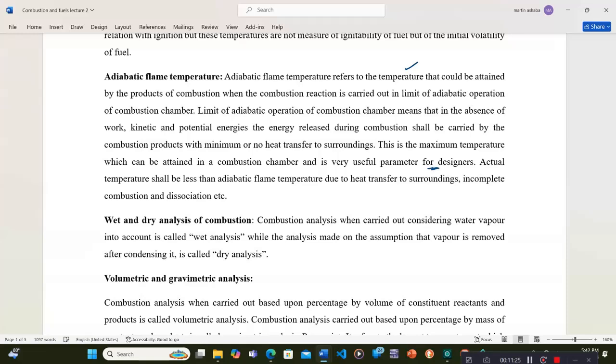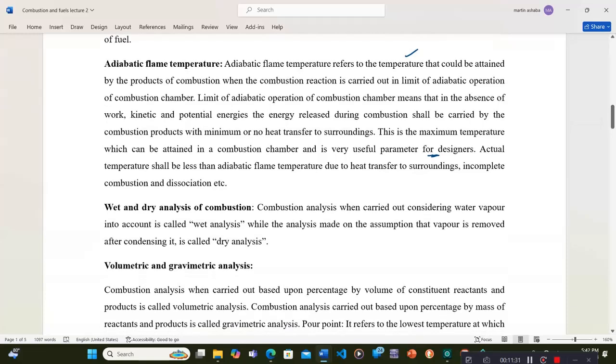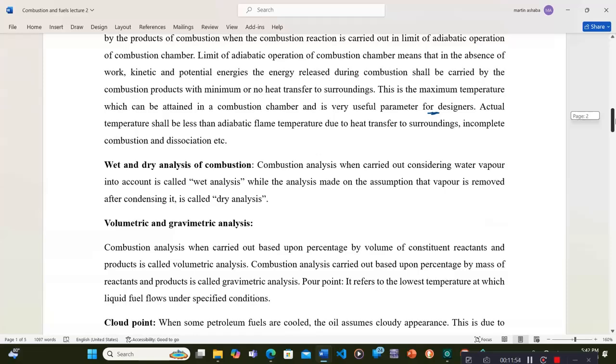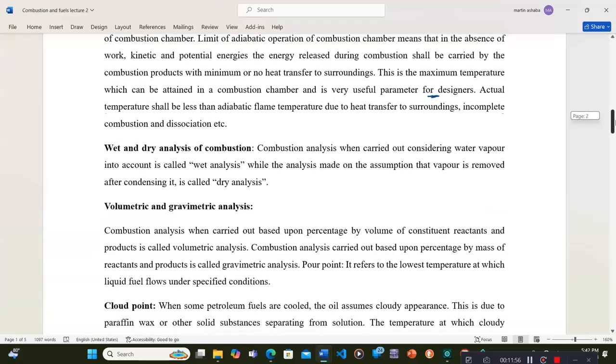Of course, if we are designing, for example, a piston for an engine, you must make sure that the material you are using is able to withstand this maximum temperature, called the adiabatic flame temperature, coming from the combustion of fuels in the combustion chamber.